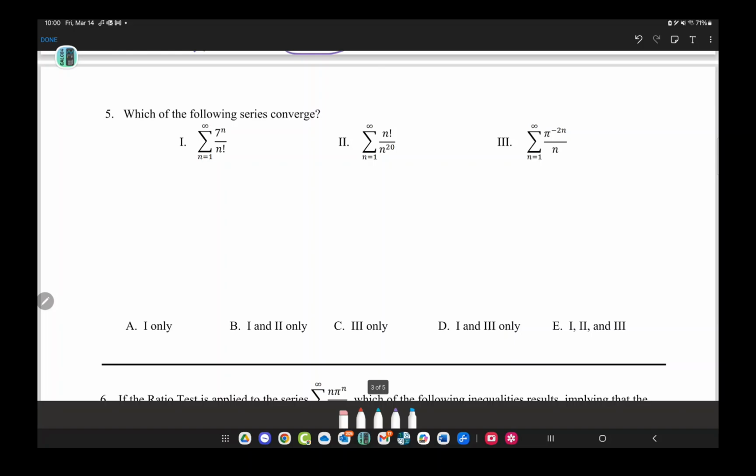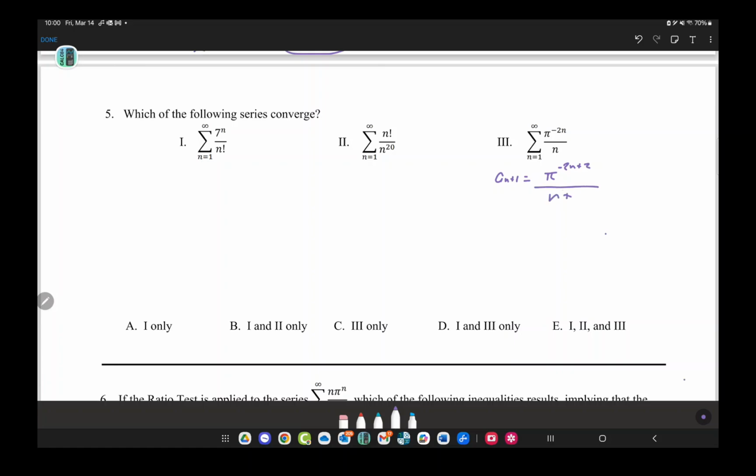Which of the following series converge? It's just a number. It's a constant. It's an irrational constant, but it's a constant. So if you want, that's fine. So if you want to do a of n plus 1, it gives you pi to the negative 2n plus 2, right?